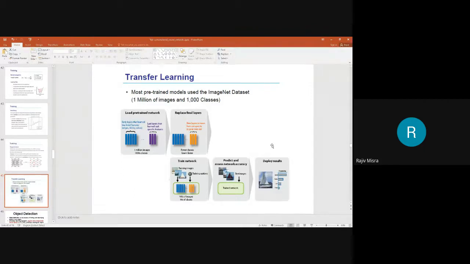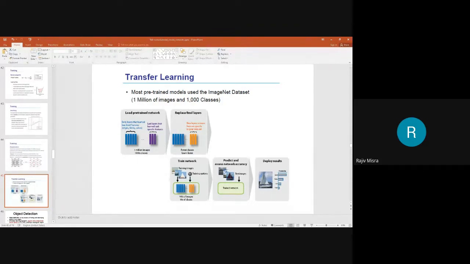Most pre-trained models use the ImageNet data set, and these pre-trained models will have the final layer replaced. The final layer, meaning your fully connected layers, will be replaced with additional layers depending upon the application. Then you train the model and use it, and this way it is called transfer learning, meaning you need not develop a new architecture from scratch.